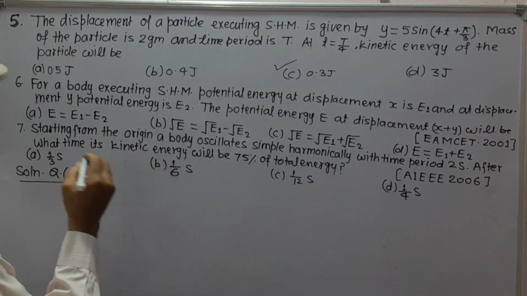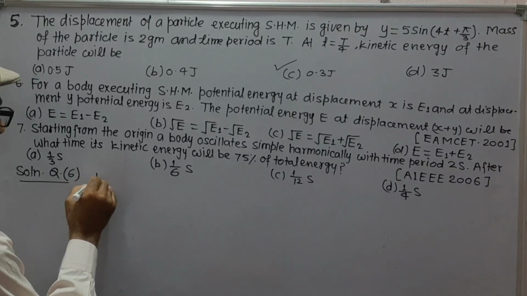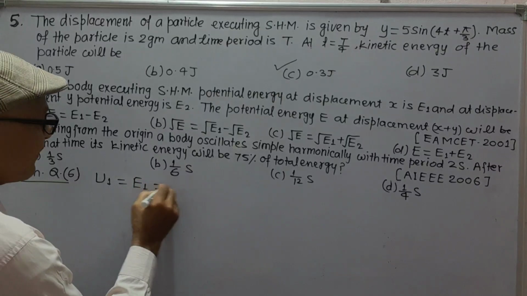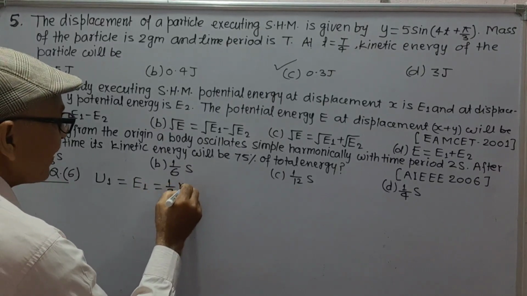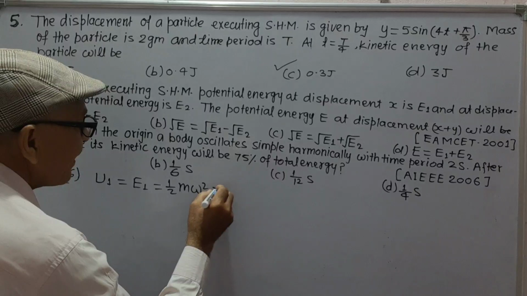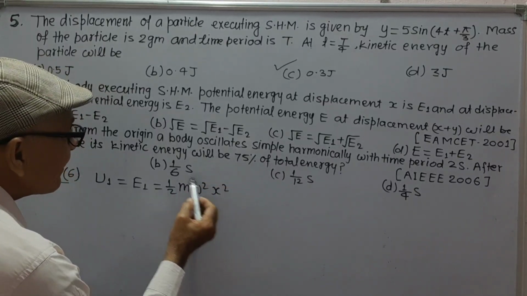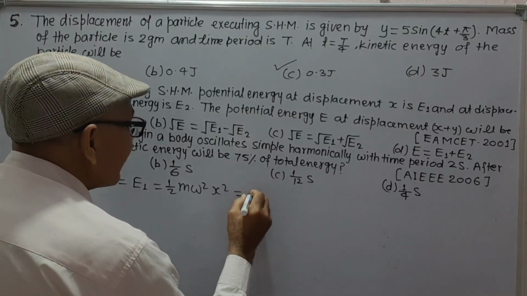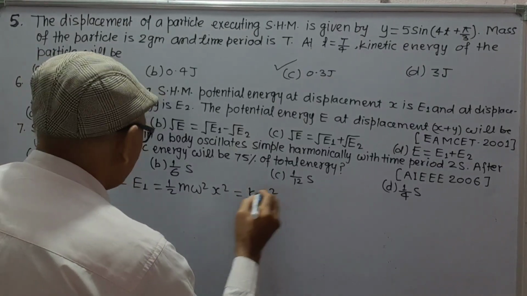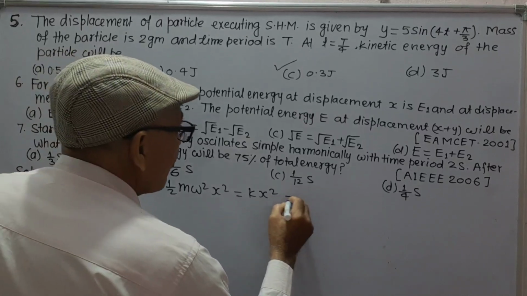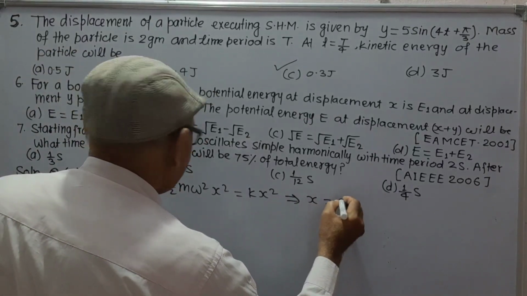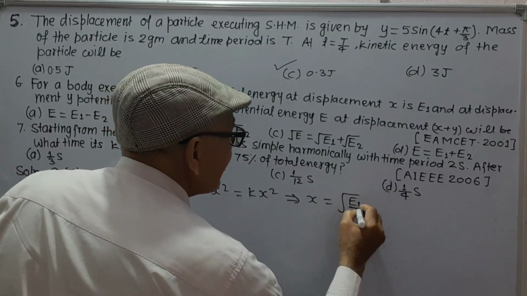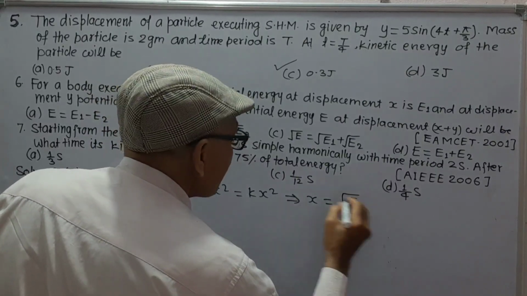At displacement x, potential energy U1, which is given to be E1, will be equal to 1 by 2 m omega square x square. This is constant k, so it can be written as k into x square, which gives x as under root E1 upon k.